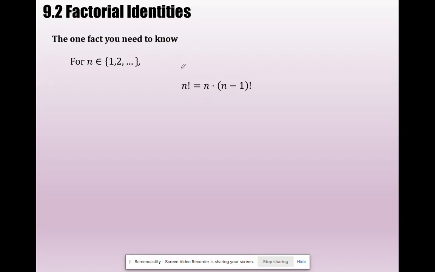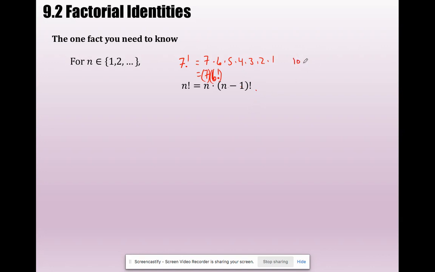For example, 7 factorial is equal to 7 times 6 times 5 times 4 times 3 times 2 times 1. But that is actually the same as 7 times 6 factorial, right? 7 times 6 factorial. But what is 6 factorial but n minus 1 factorial?